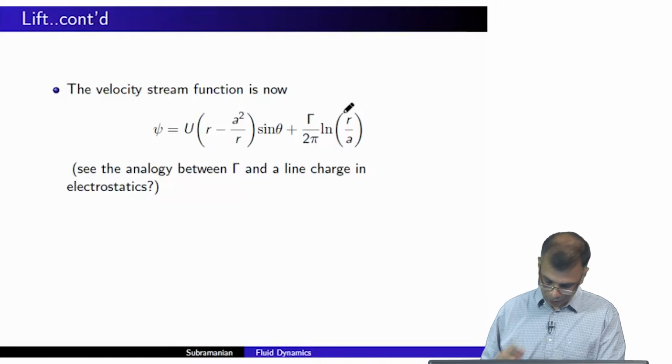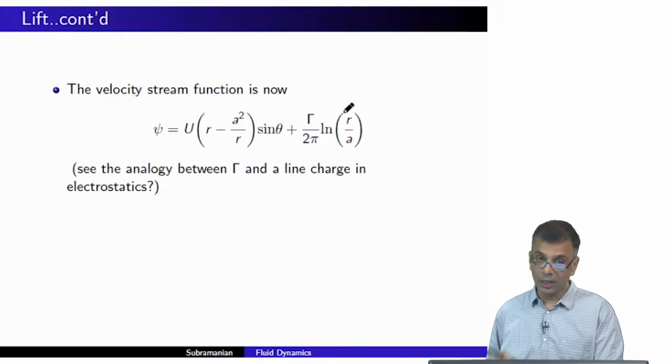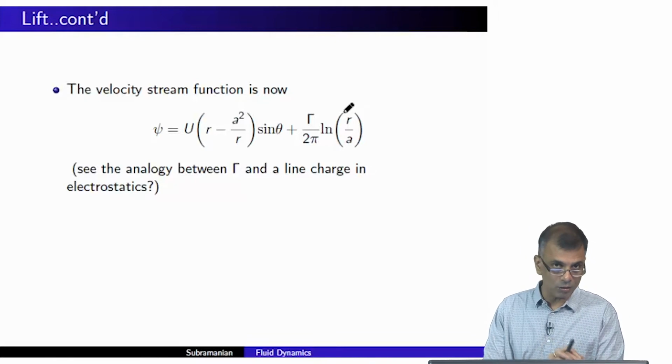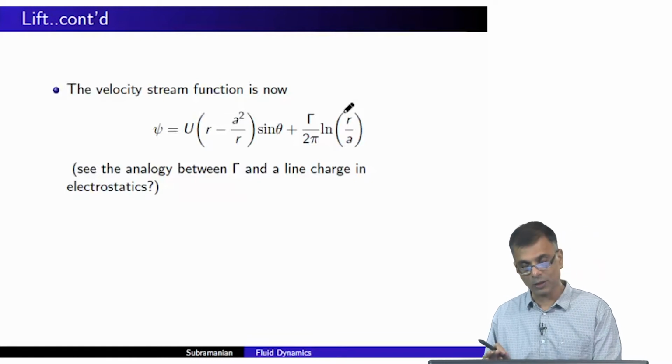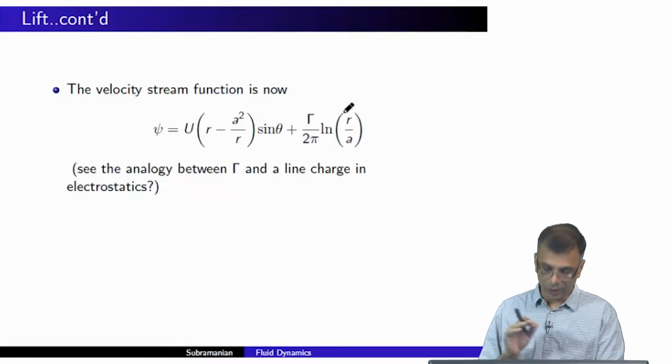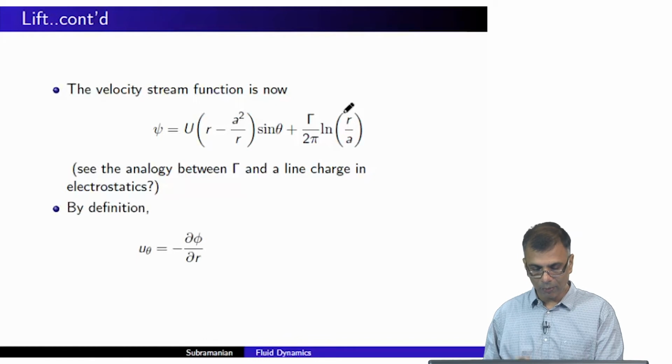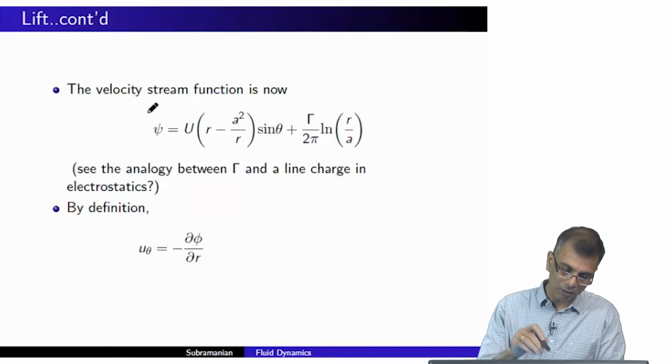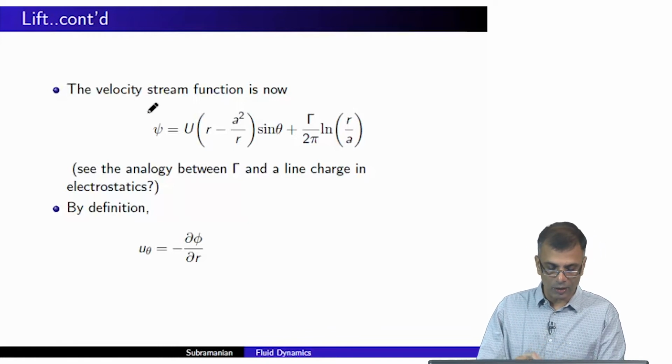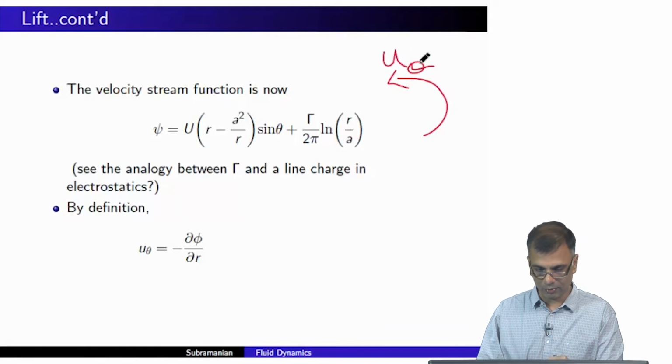Now this is the stream function, and by the definition of the stream function, you remember how the velocity is derived from it. There's a relation between the stream function and the potential, and so by definition the theta directed velocity is equal to this.